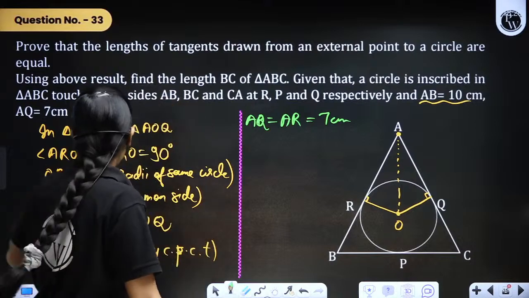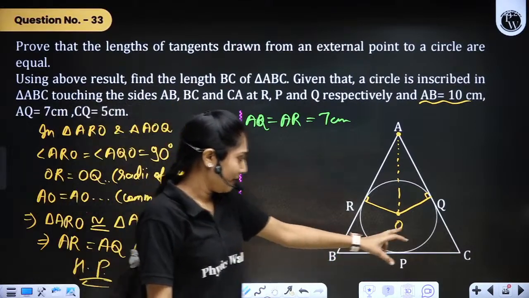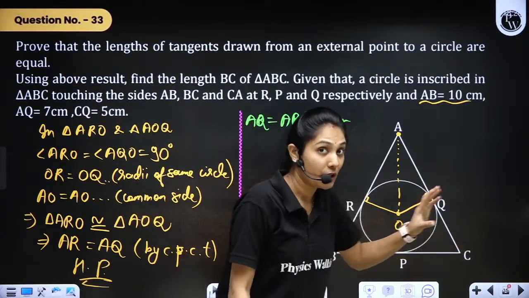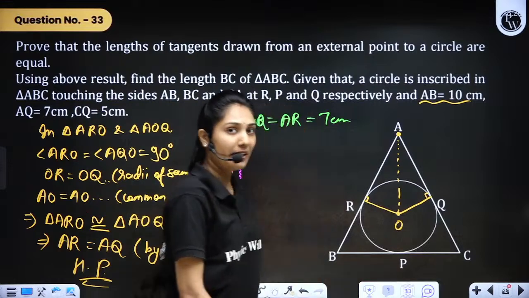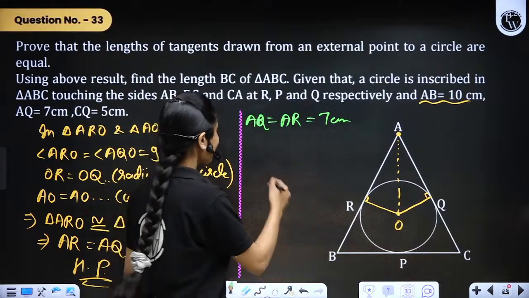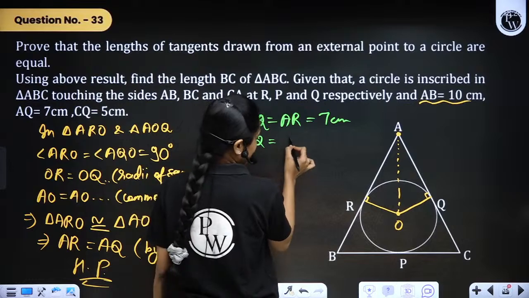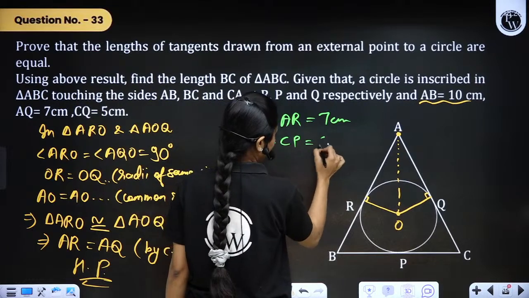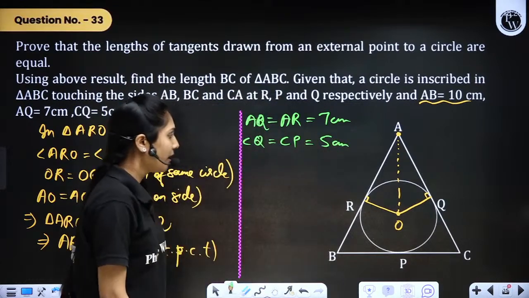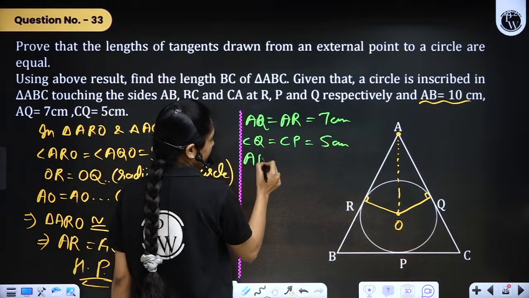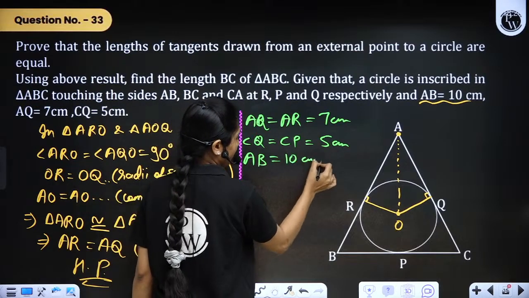Now, CQ is 5 centimeter, which means CQ and CP are 5. CQ is equal to CP is equal to 5 centimeter. Now, AB is 10 centimeter.